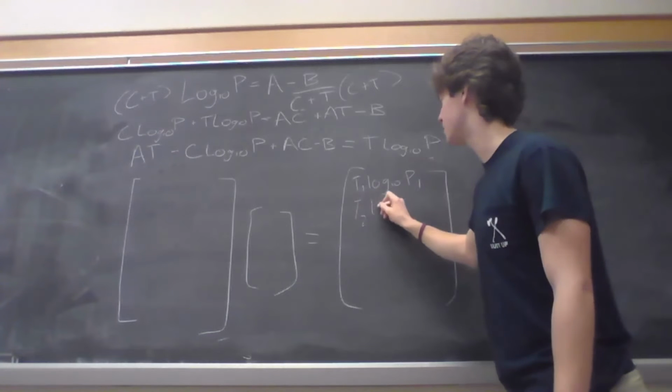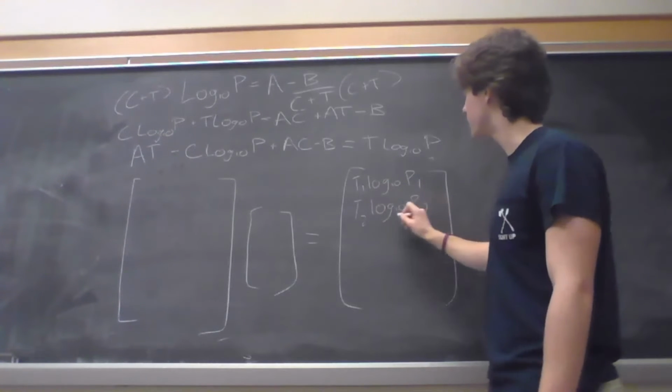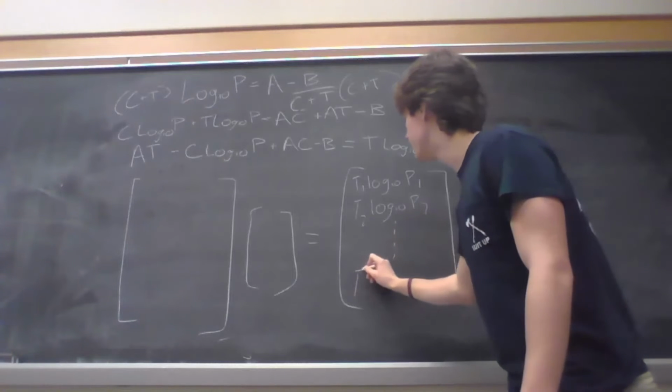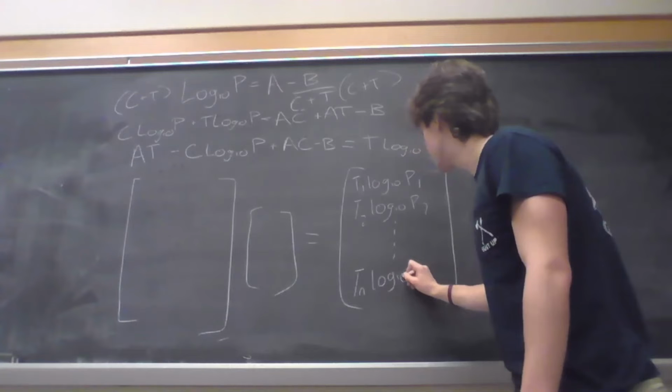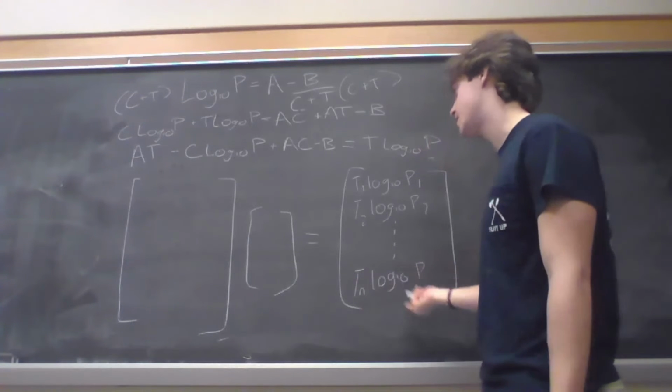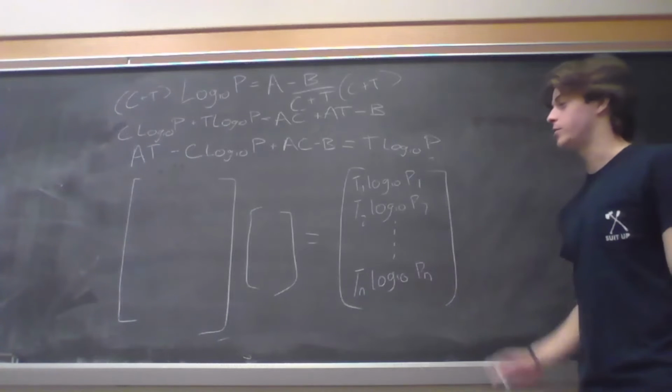Same thing with our second term. It'll be T2 log base 10 of P2 all the way down to our nth term of temperature times log base 10 of the nth term of our pressure.